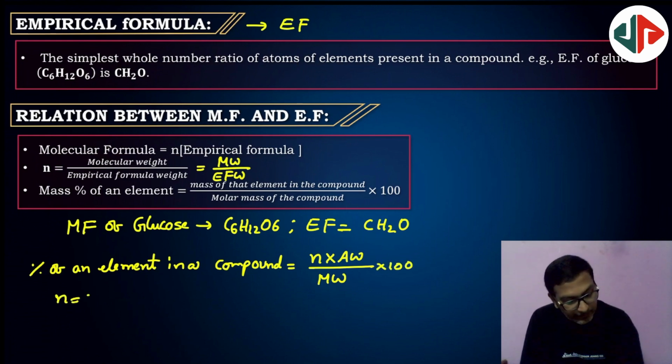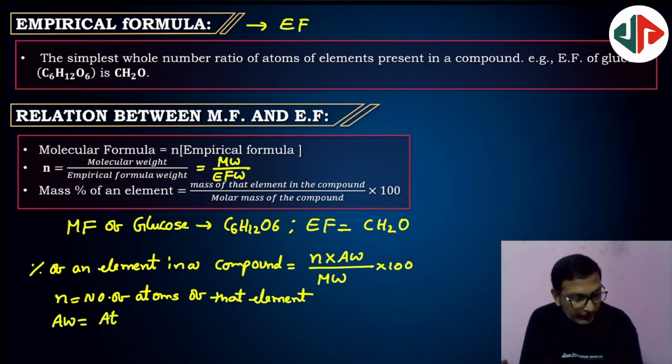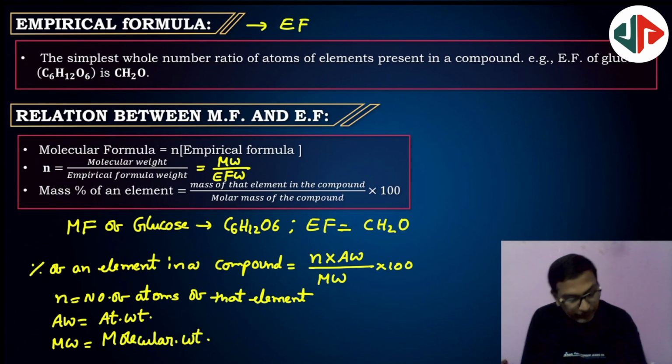Here n is the number of atoms of that element, AW is atomic weight, and MW is molecular weight. In this way, you can calculate. Percentage of an element equals number of atoms of that element times atomic weight of that element, divided by total molecular weight, times 100.